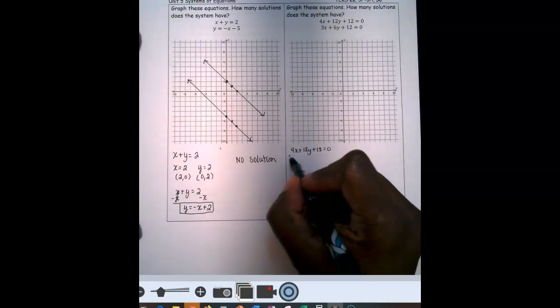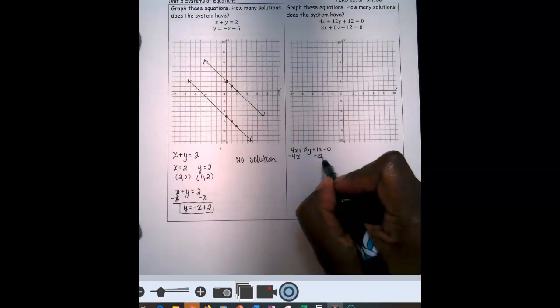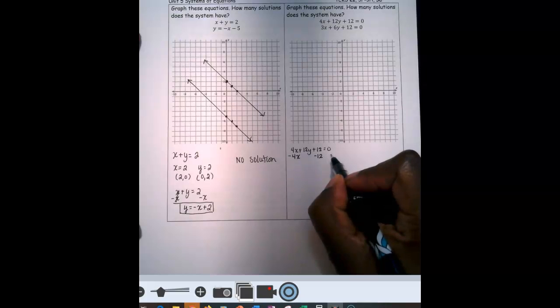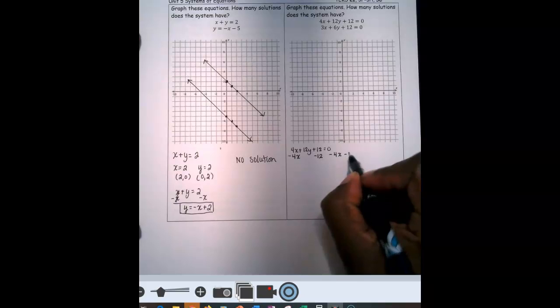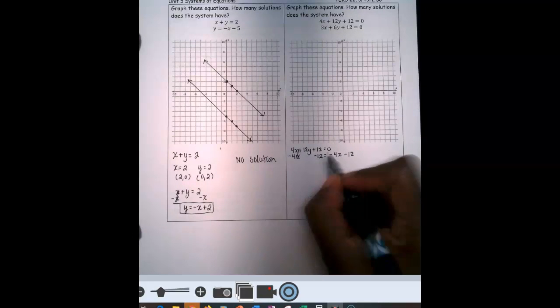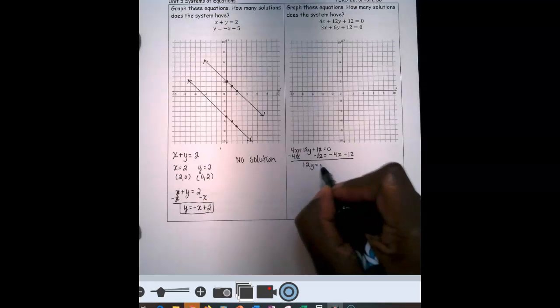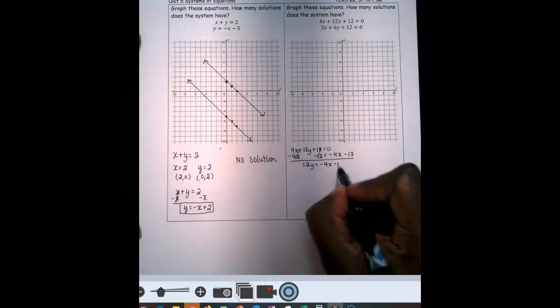So I'm going to subtract 4x and subtract 12, and I'm going to do that on the other side of the equal sign as well. The reason I'm doing that is to save room, so that I can get two things done at one time.